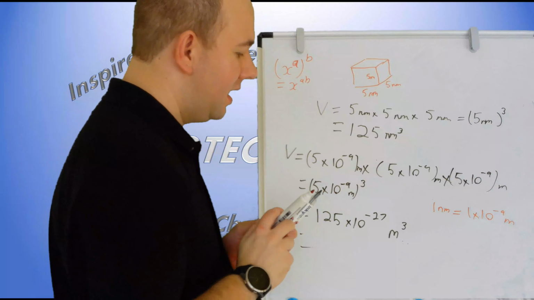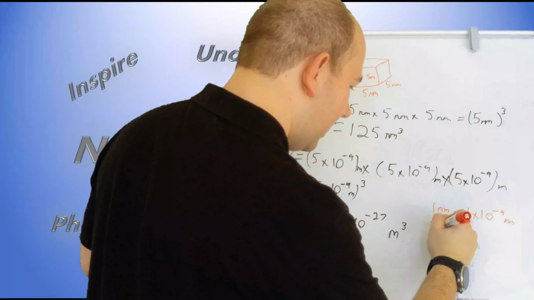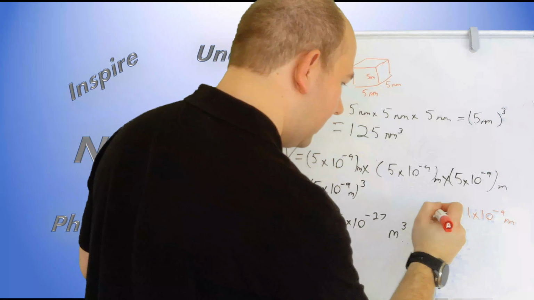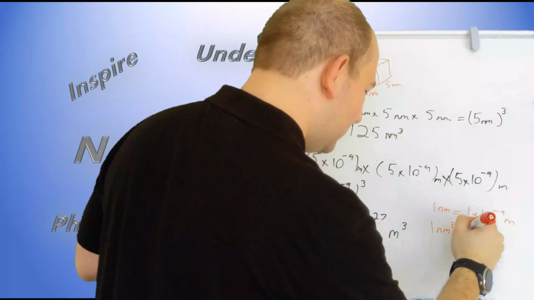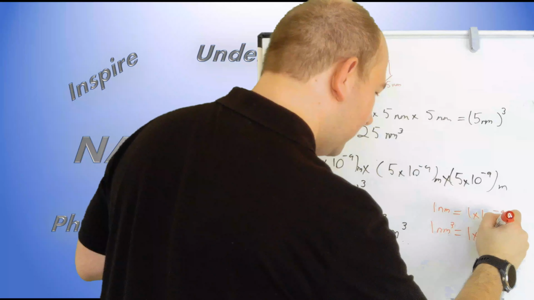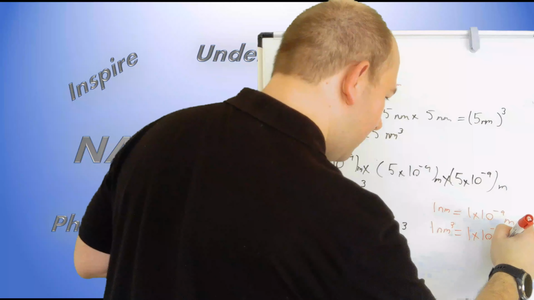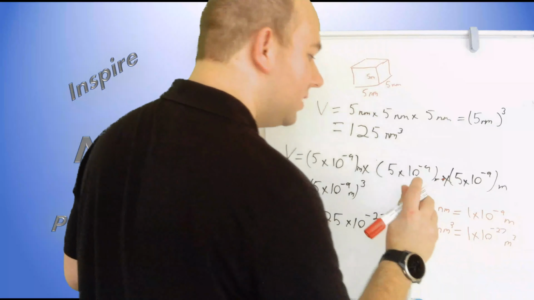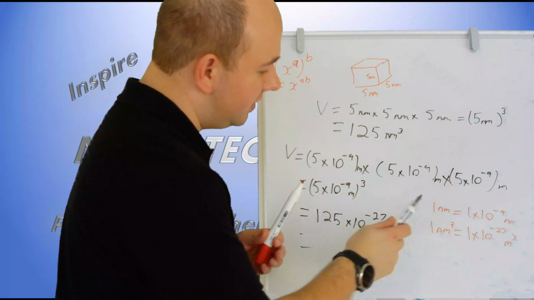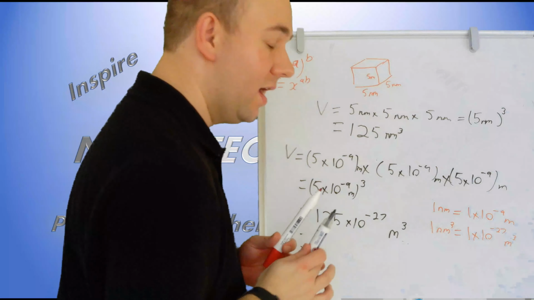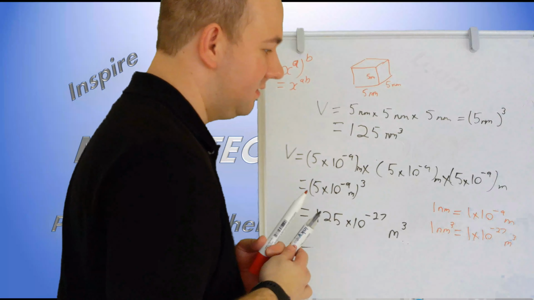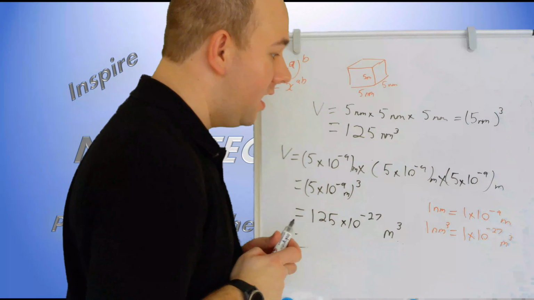However, when we look at volumes, what we're actually saying is 1 nanometer cubed is equal to 1 times 10 to the minus 27 meters cubed. So when working with volumes and multiplications of areas, volumes, you always have to be careful of what your units are doing, and therefore this also becomes important when looking at conversion between your scientific notations.